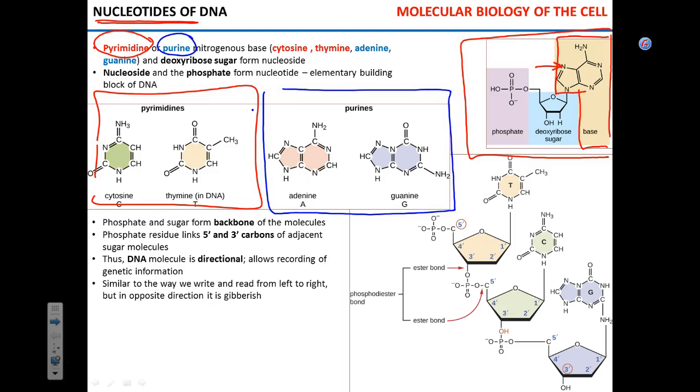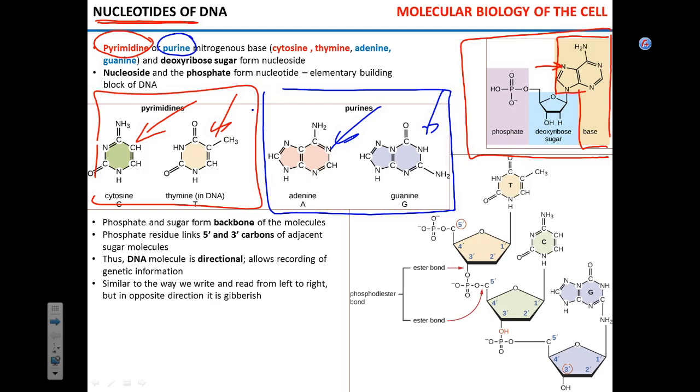So in the DNA, the two pyrimidines are C and T, and the two purines are A and G. You need to know which nitrogenous bases are purines and which are pyrimidines. I do not ask any questions involving chemical structures. You do not need to know the structures themselves. Hooray. Okay? Yes, I'm with you on that. But if I ask you, adenine is a purine.